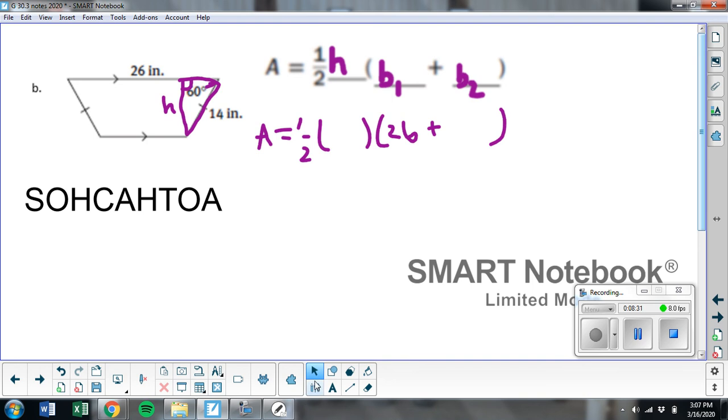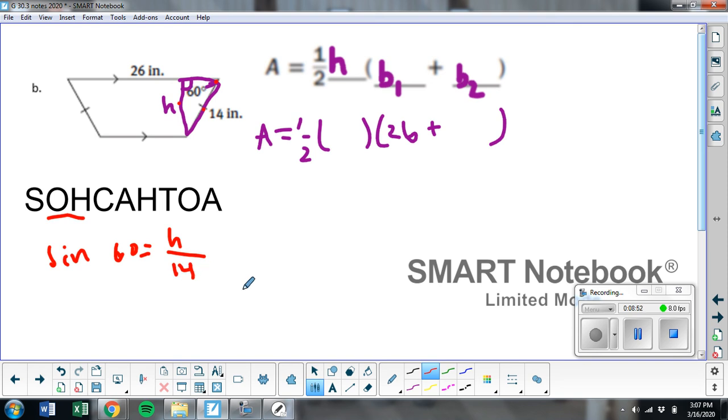So look at what I have. I have 60 degrees right here. I have the opposite and the hypotenuse. So I'm going to do sine of 60 equals opposite over hypotenuse. Go ahead and cross multiply to find your height. Pause the video if you need to. So my height is 12.124.